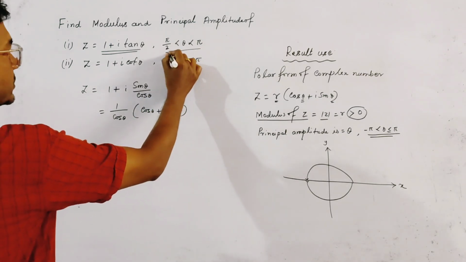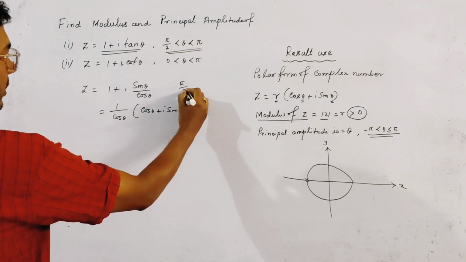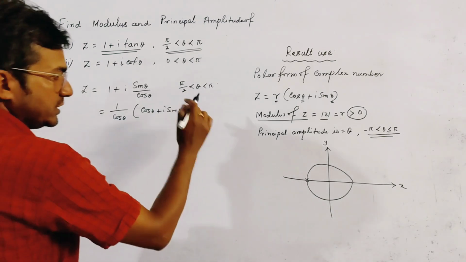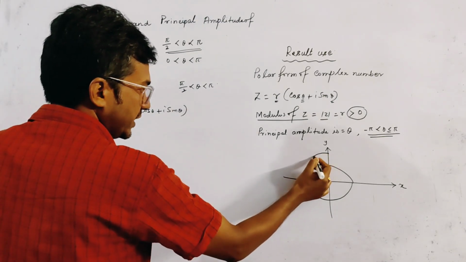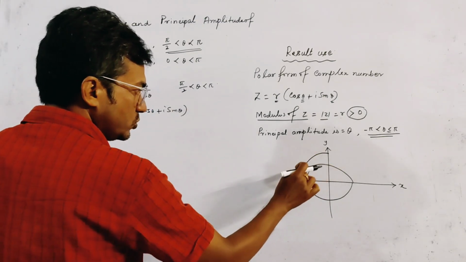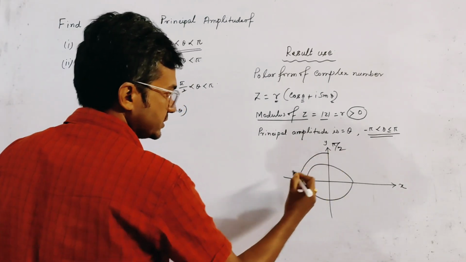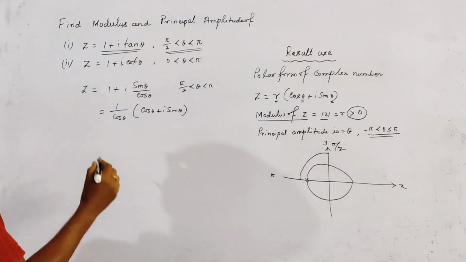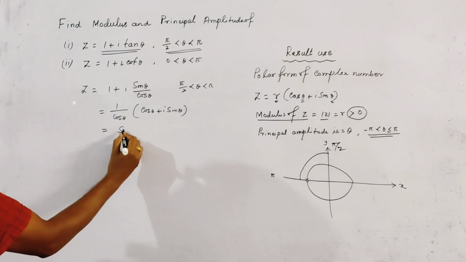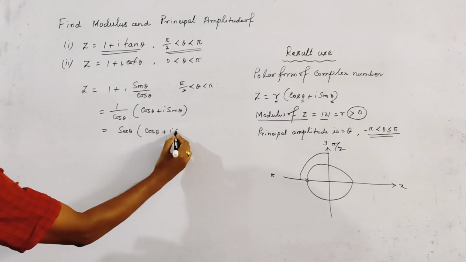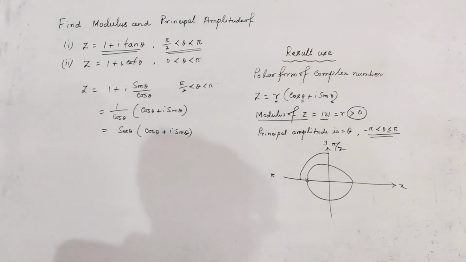Here the given range is very important: pi by 2 less than theta less than pi. That is, the angle theta is given in the range of pi by 2 to pi. And we write this as sec theta into cos theta plus i sin theta.